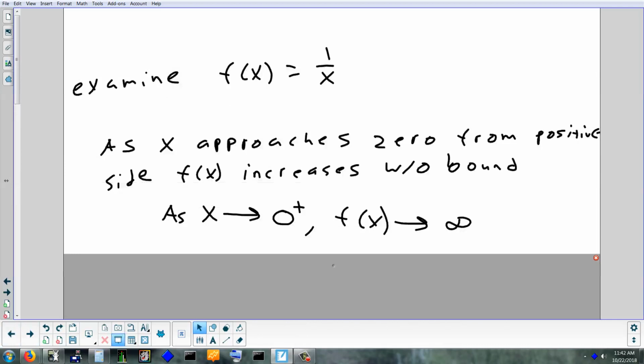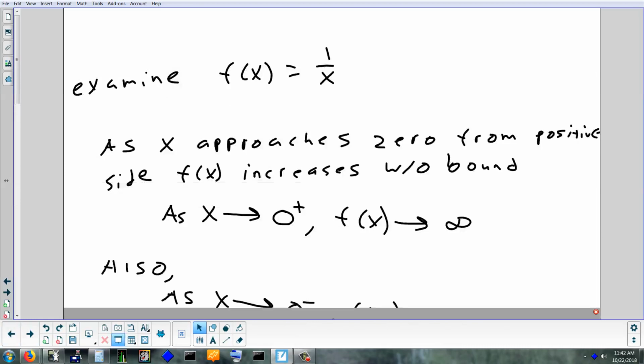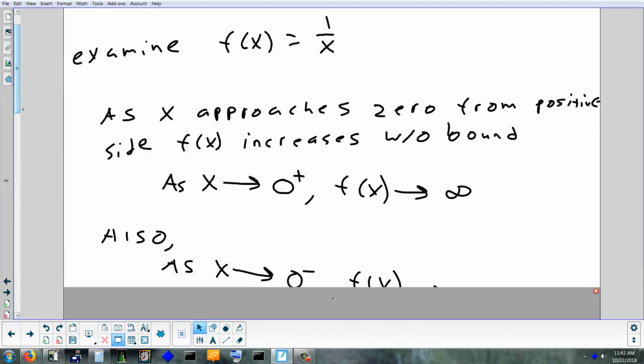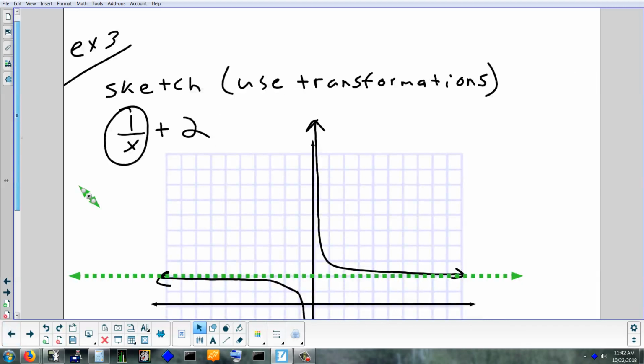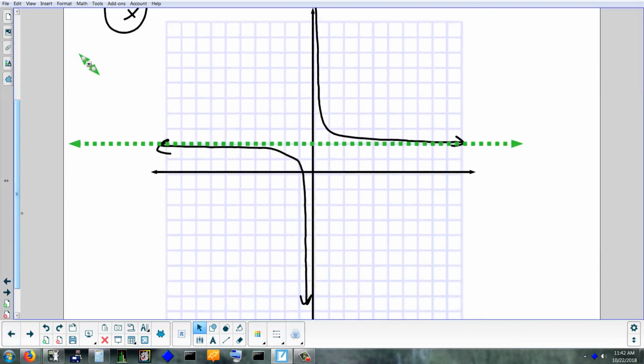So as x approaches 0 from the positive side, that's the notation from the positives, the y value is approaching infinity. Well, what happens as you approach 0 coming from the negative numbers? Let's look at that. So as you approach 0 coming from the negative numbers, what does it look like is happening to my y value?